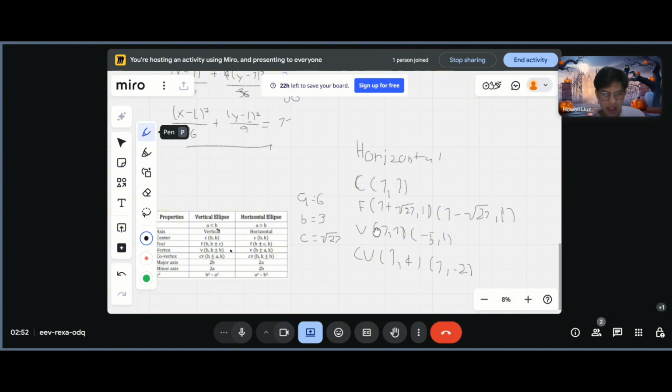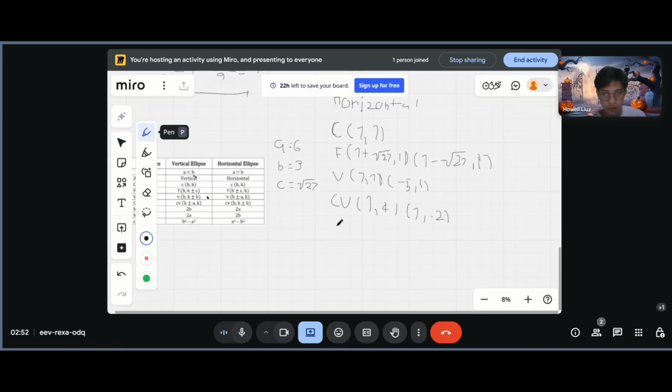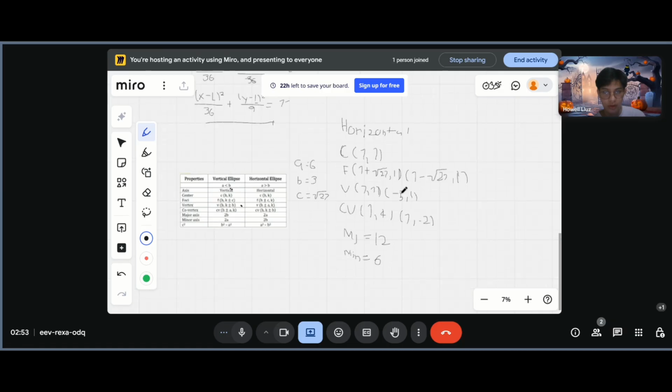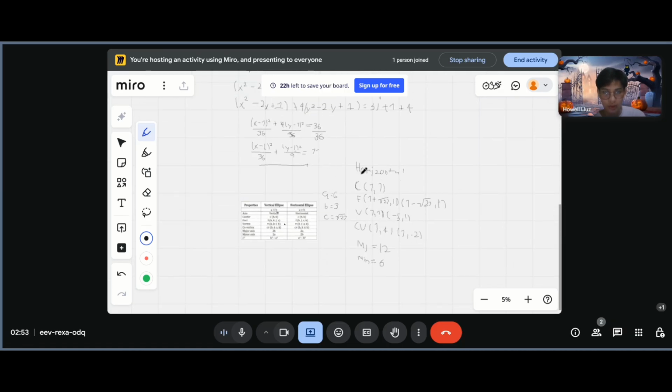So for the major and minor axis, for the major axis is just to double the A, which is 12, and for the minor axis, double the B, which is 6. So that's the general to standard, looking for properties.